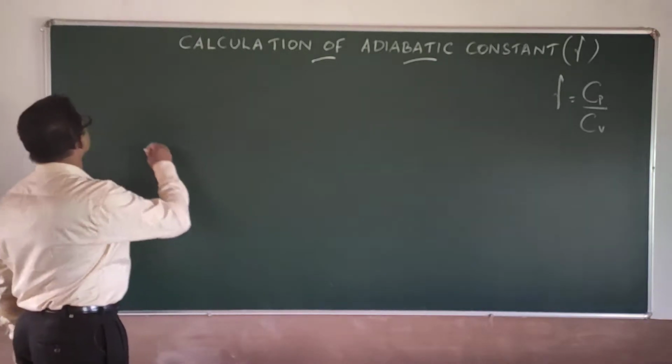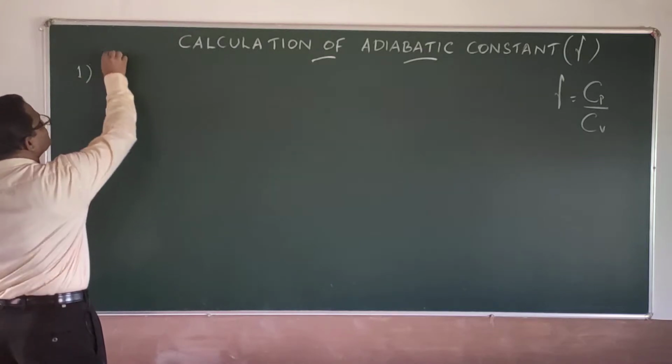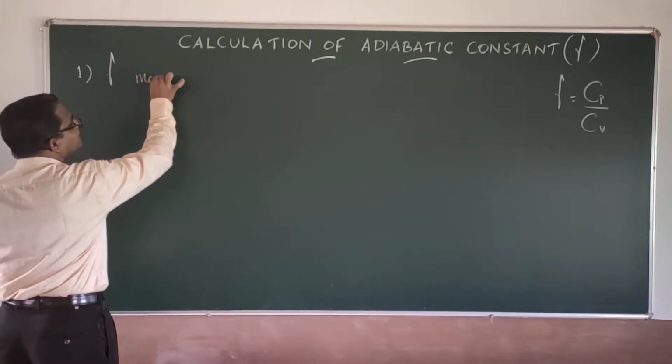So, let us begin with the first one, that is gamma of monatomic gas.